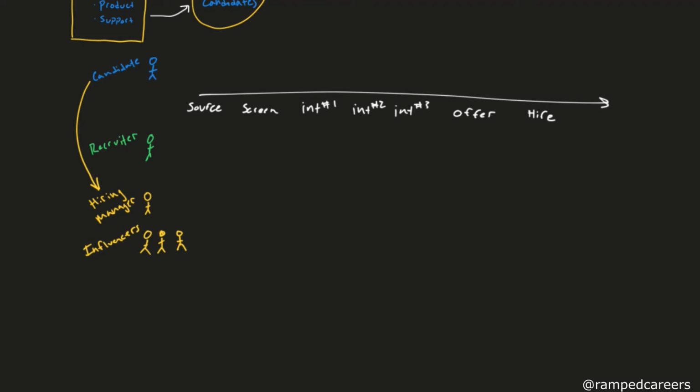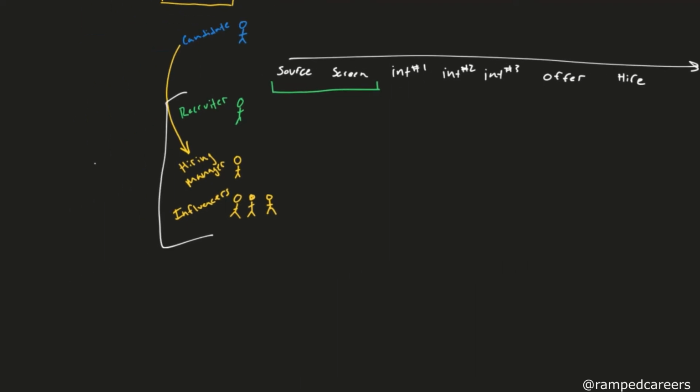And they're going to come in during the interview process as well. So let's go ahead and label some of this out. The recruiter is going to oversee typically these first 2 steps, the sourcing and the screening of candidates. So if you think about this group of people down here as the overall hiring team, let's call this the hiring team.